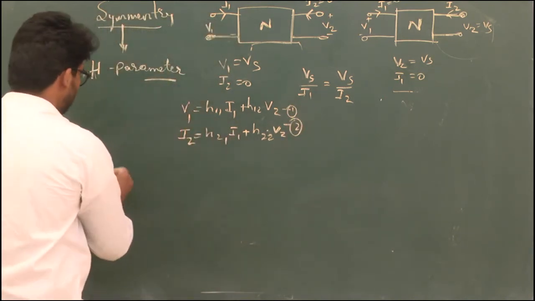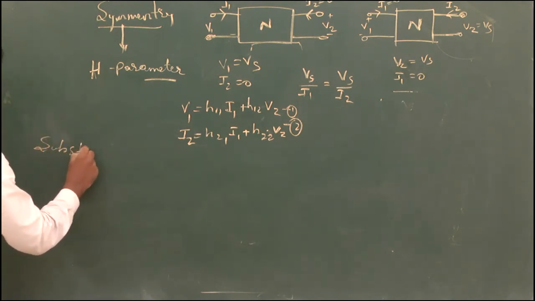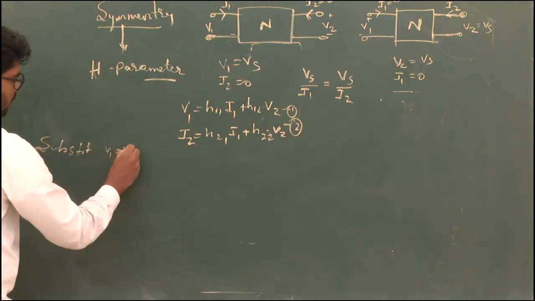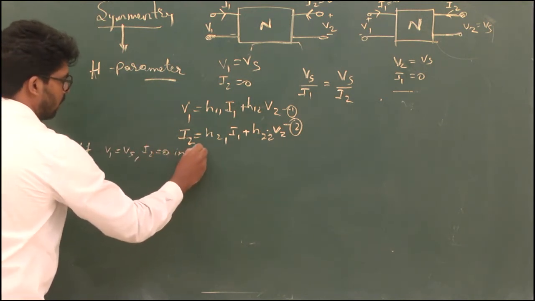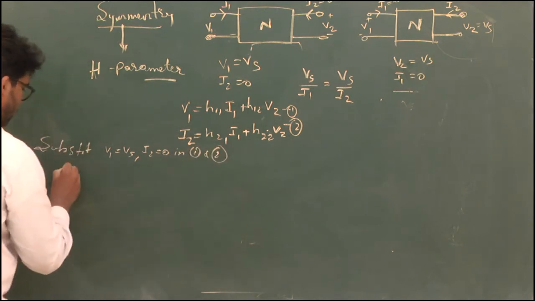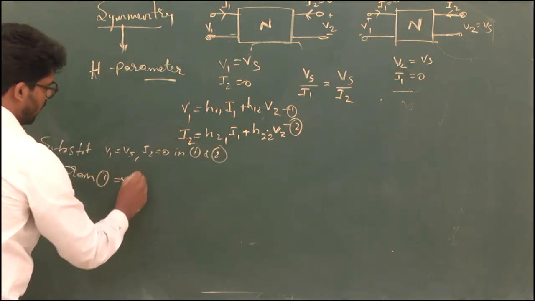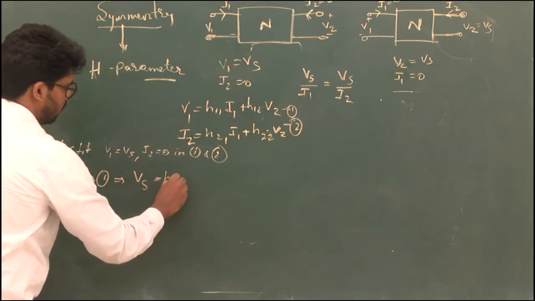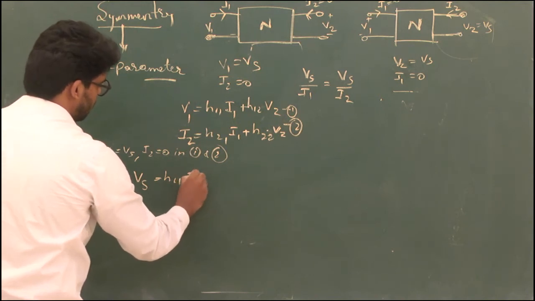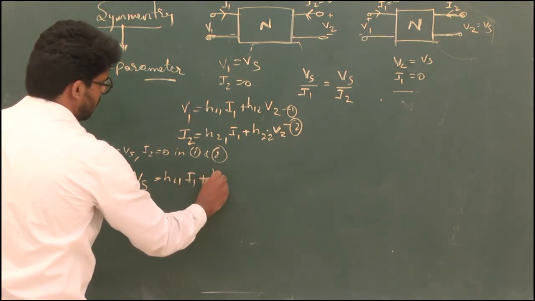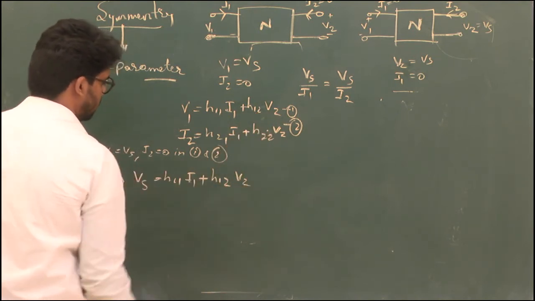So substitute the assumptions V1 equal to Vs and I2 equal to 0 in equations 1 and 2. From 1 you will get Vs equal to H11 I1, you kept I1 like that only, plus H12, in place of V2 it is also replaced by the same.